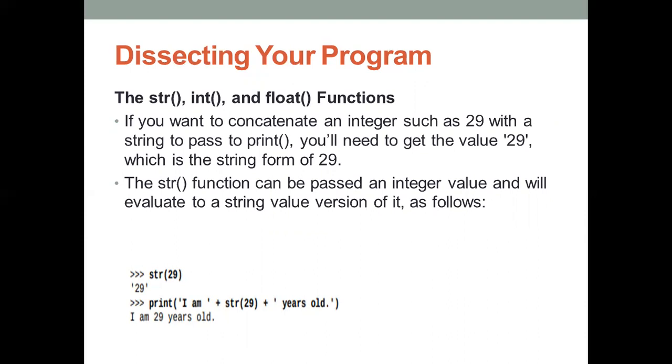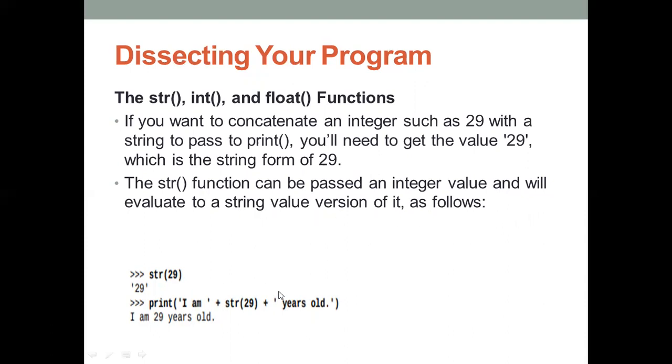If you want to concatenate an integer such as 29 with a string to pass to print, you will need to get the value 29 within single quotes. If you write any characters or numeric values within quotes, then that will be considered a string. So which is the string form of 29. The str function can be passed an integer value and it will evaluate it to its string version.